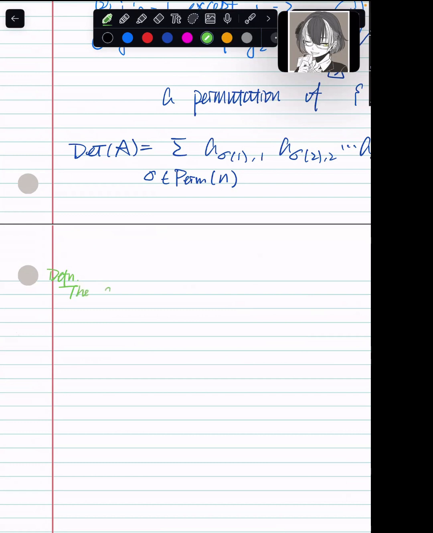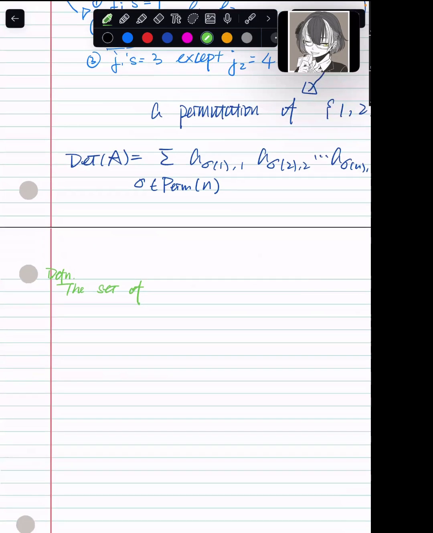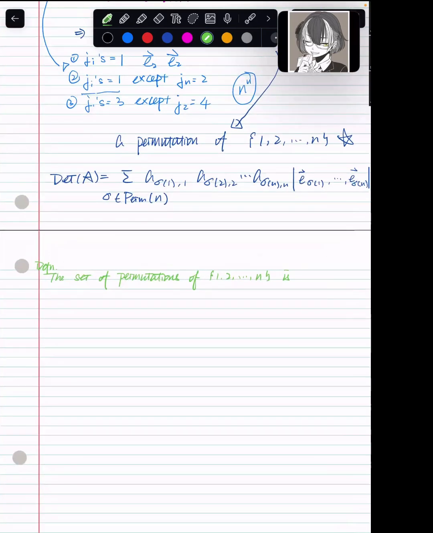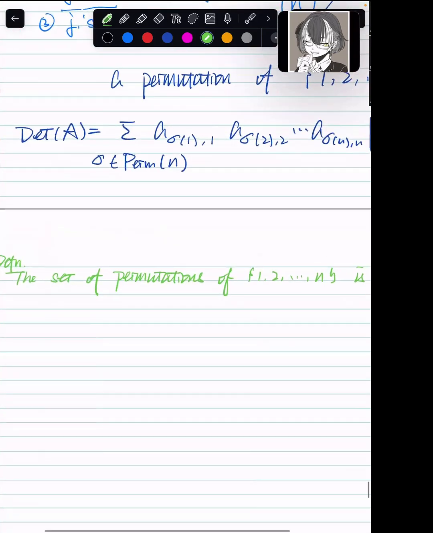The first one is the set of permutations of 1 through n. We write it as perm n.